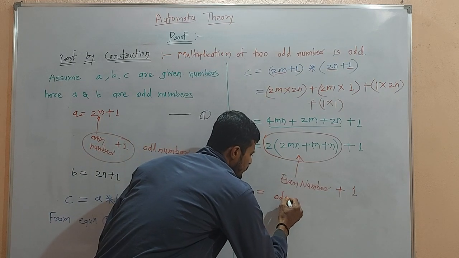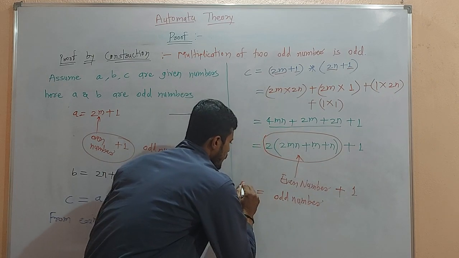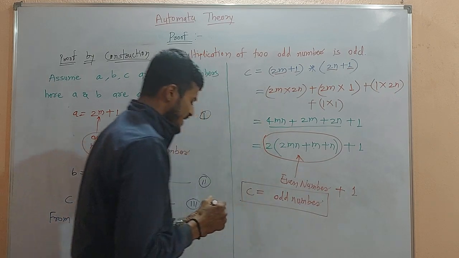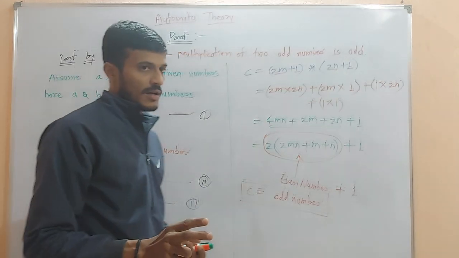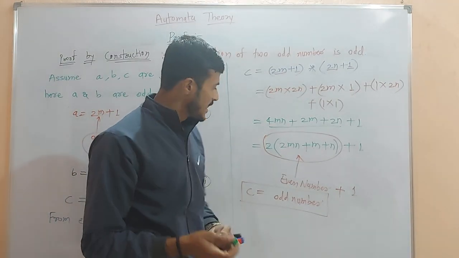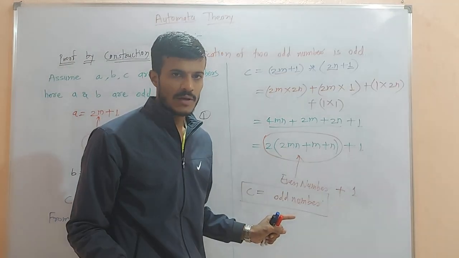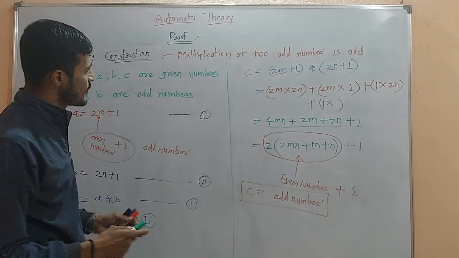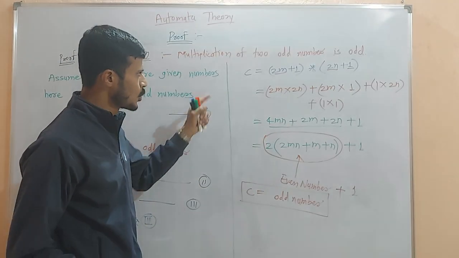Clearly an odd number. So C is nothing but an odd number. If A and B are two odd numbers, then the multiplication of these two numbers is an odd number. Hence that is the example of proof by construction. I hope that you got this.